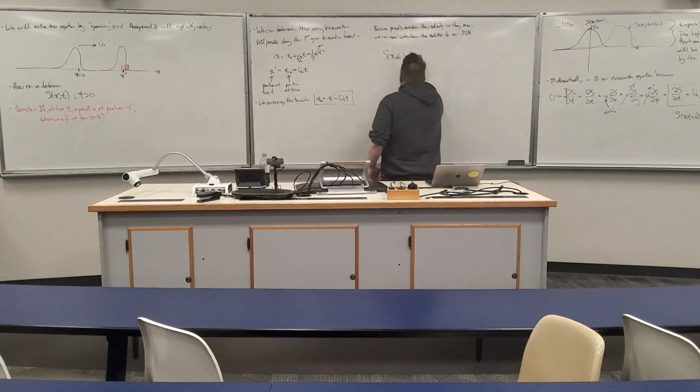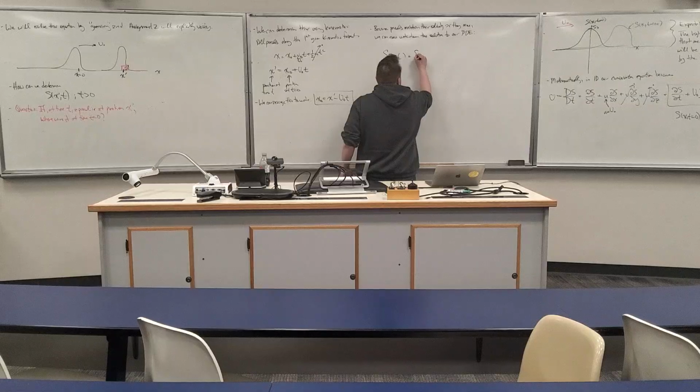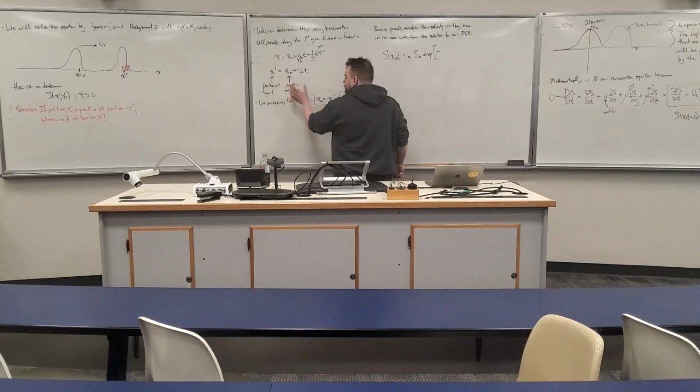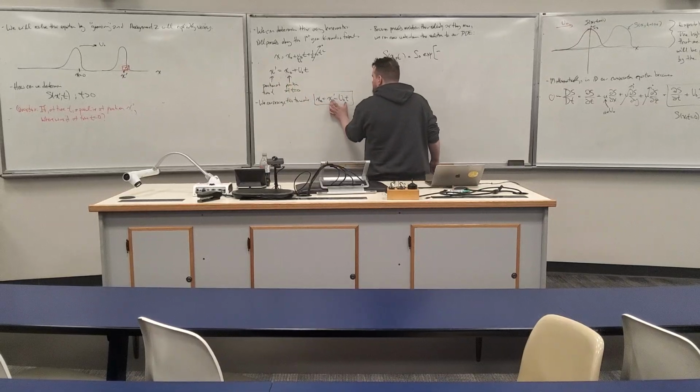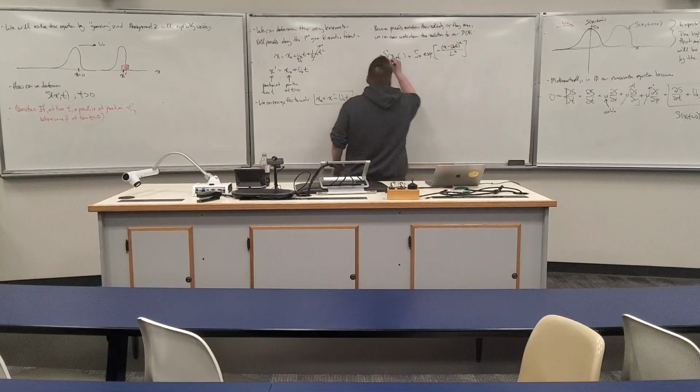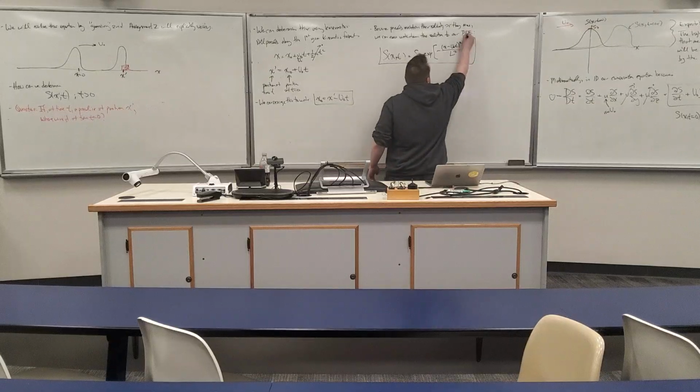And so our distribution at some later time is just S equals S naught times the exponential of minus (x minus u naught t) all squared divided by L squared.